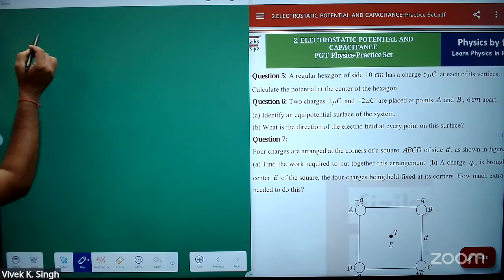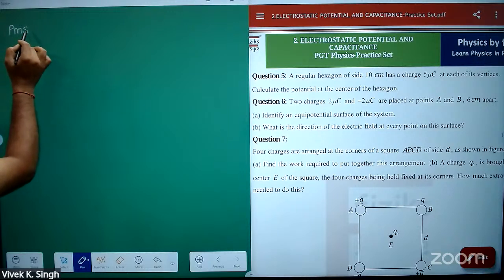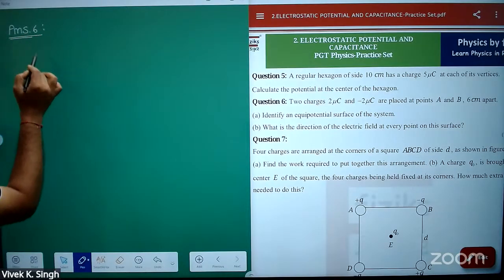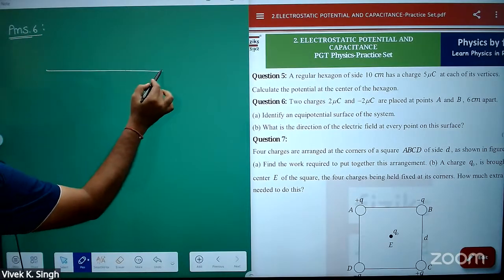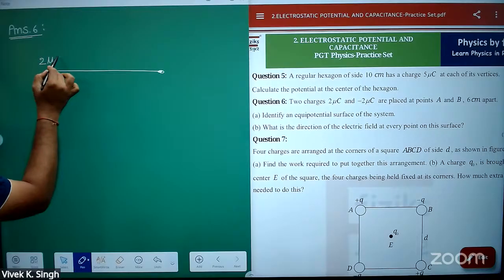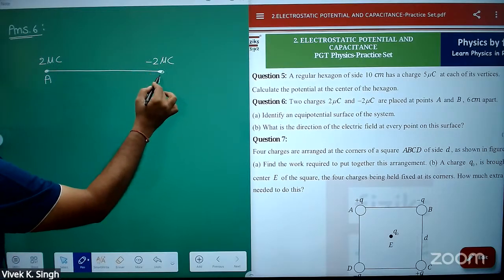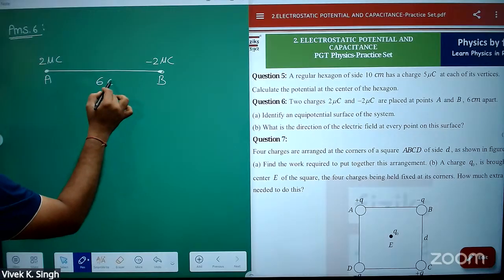So, answer 6. Let's say this point is A, this is 2 microcoulomb, and this is minus 2 microcoulomb, and this is 6 centimeter.